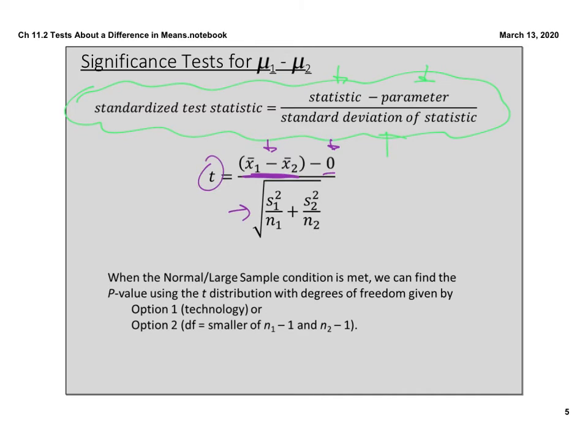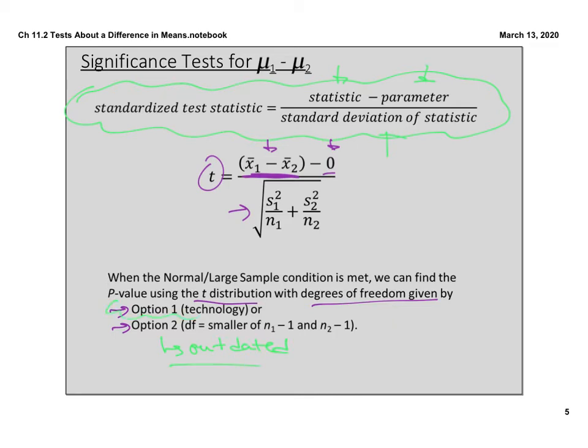It says when the normal large sample condition is met, we can find the p-value using a t-distribution with degrees of freedom given by either technology or the degrees of freedom of the smaller one. Now, we talked about this in class a little bit. This is an outdated practice, okay?